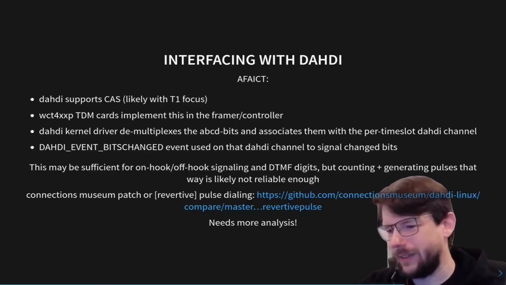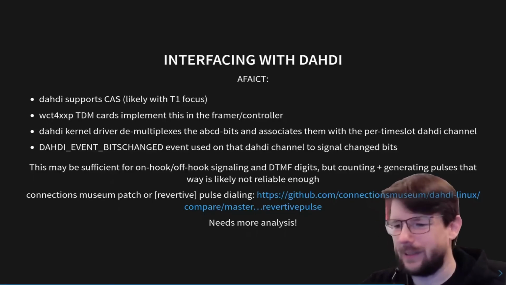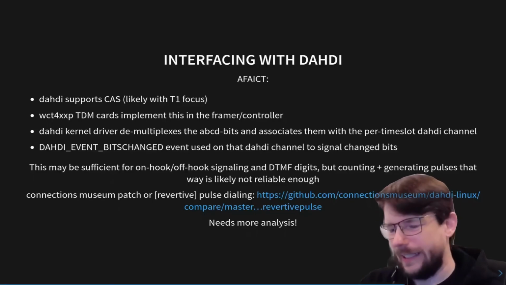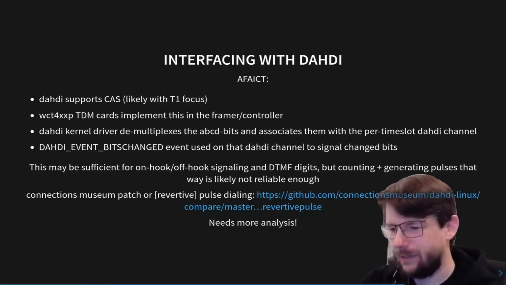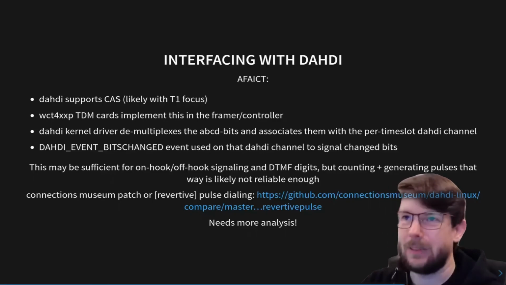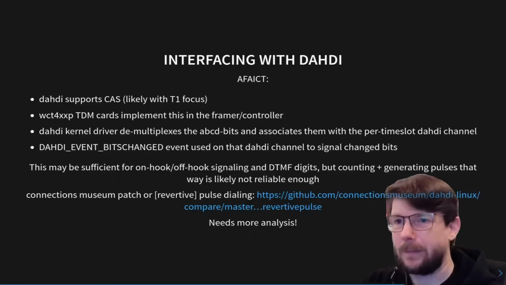For something that is rather asynchronous and slow, like an on-hook, off-hook event, that I think is fine. And for in-band DTMF dialing, like it's used a lot in the North American sphere, that's fine. But I'm a bit doubtful if this mechanism would be good enough for reliably generating or counting dialing pulses. There is a part in the general DAHDI that does the counting and generating pulses.